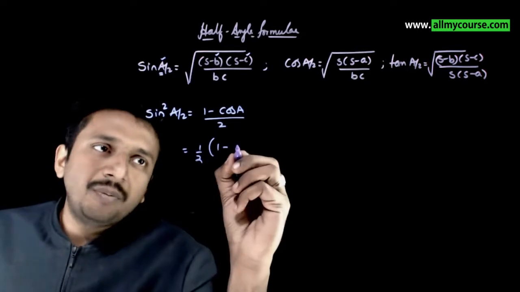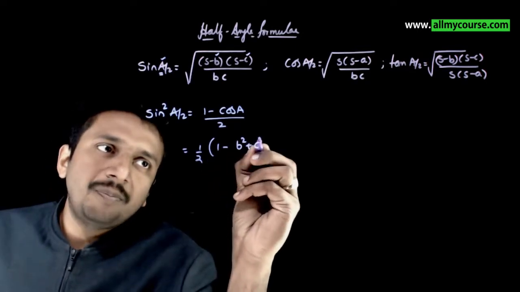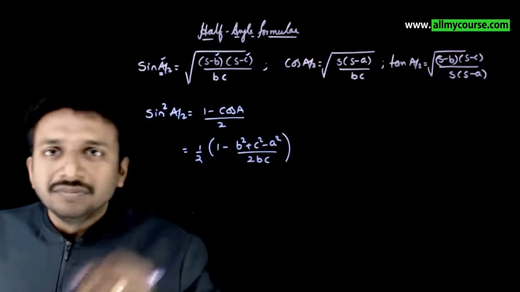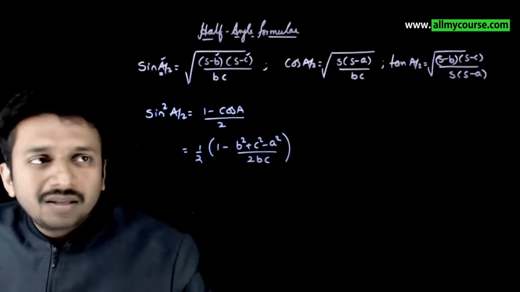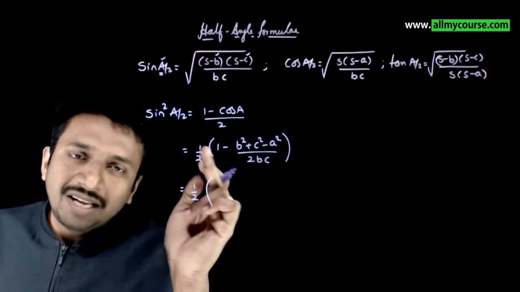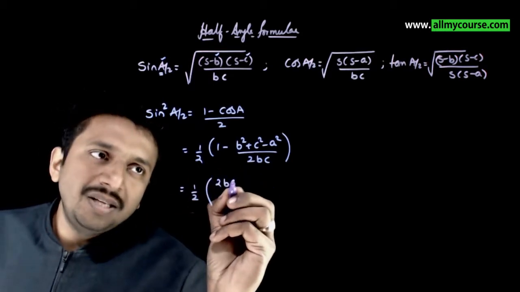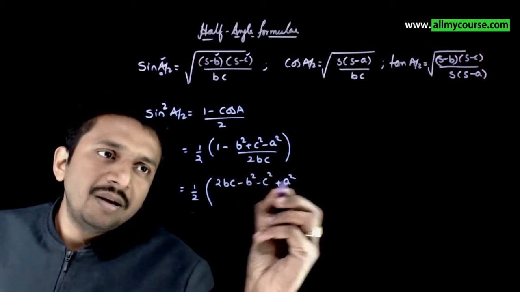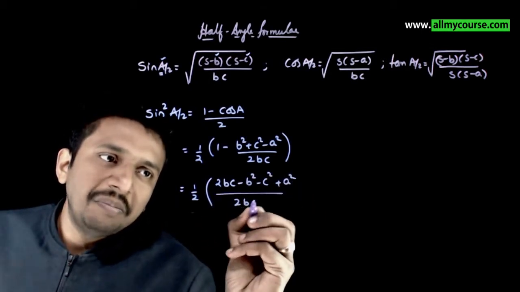From the cosine formula, cos A is (B square plus C square minus A square) by 2BC. So that is equal to half times, and if you take the LCM, you get (2BC minus B square minus C square plus A square) by 2BC.